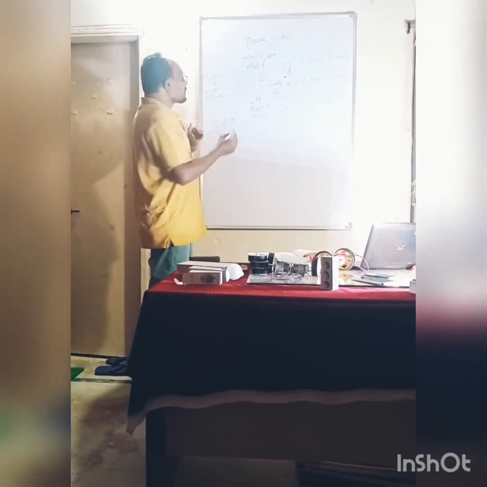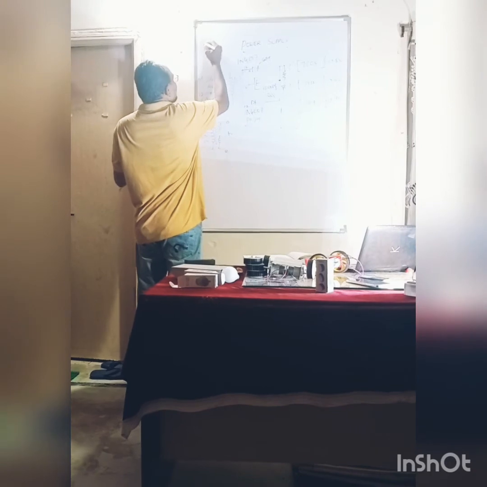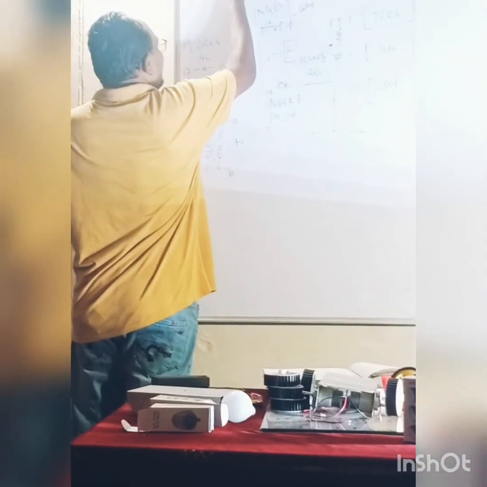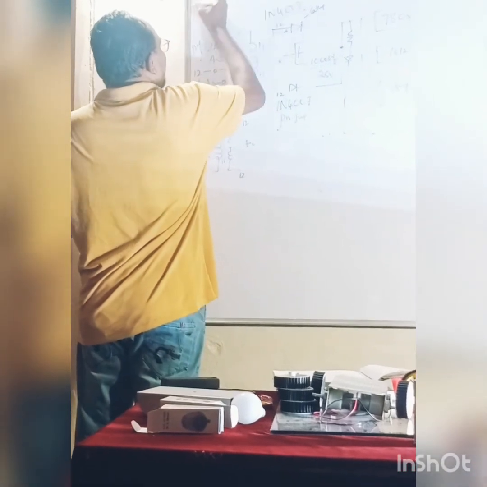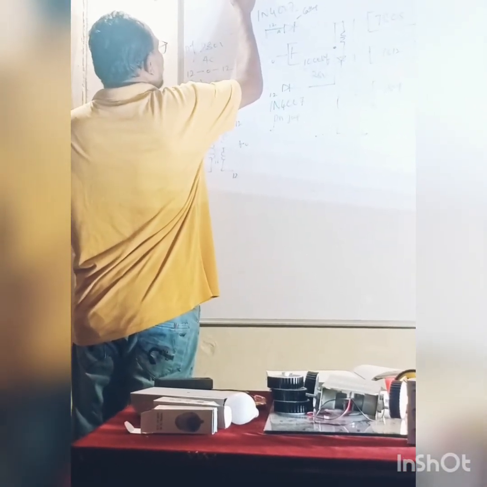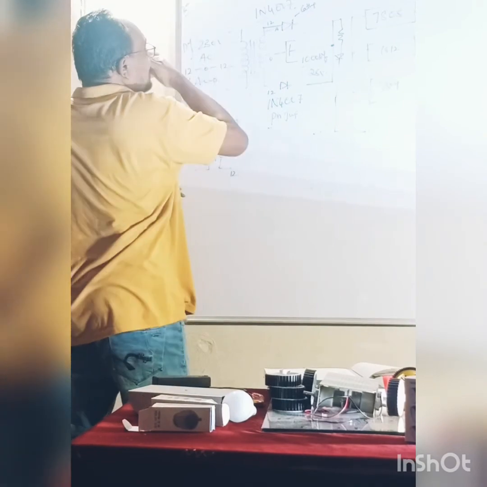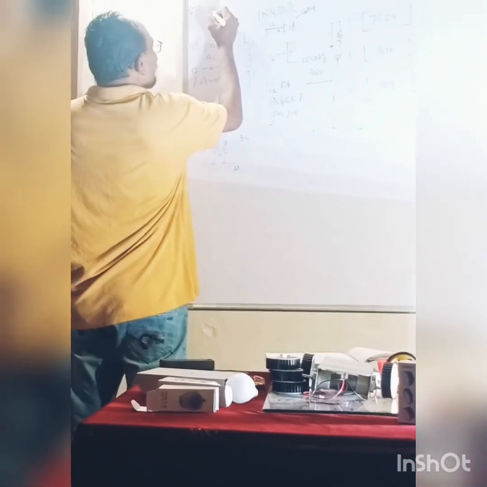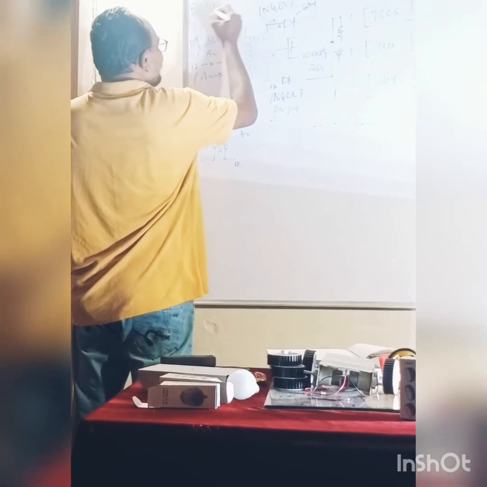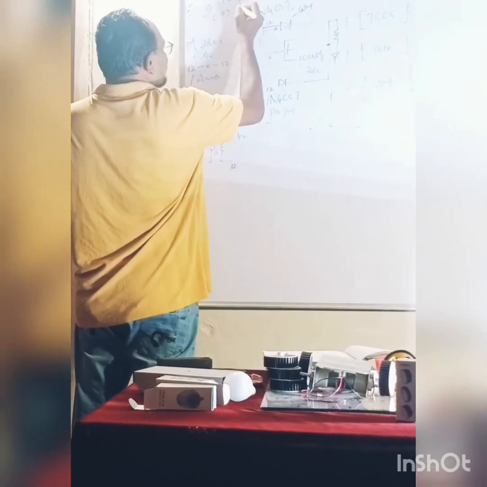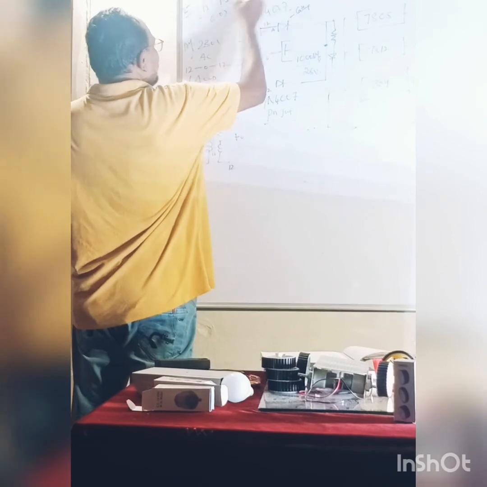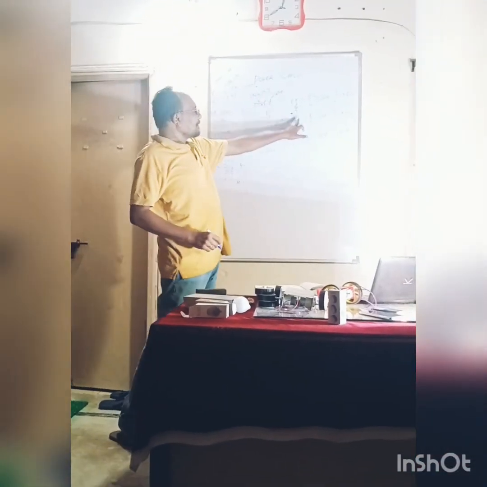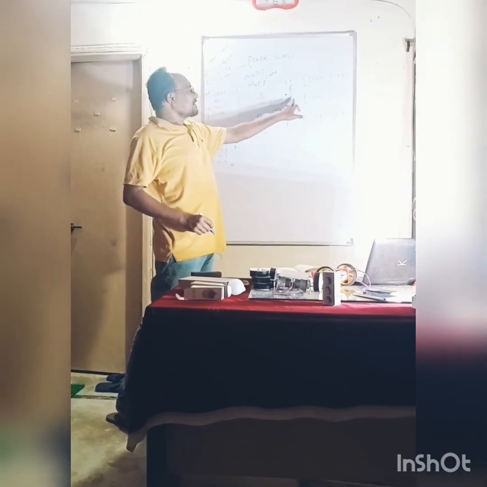R is equal to input voltage minus LED voltage, divided by LED current. It's nothing but Ohm's law. If you are applying 12 volts, it's 12 minus 1.5 divided by 0.2 amps. That is the answer for R. So that value you have to connect to this LED.